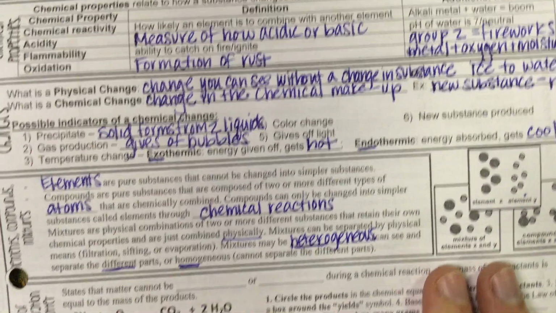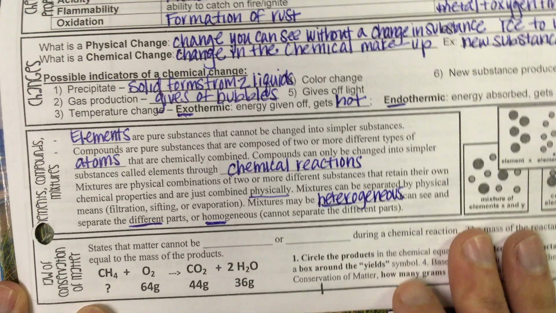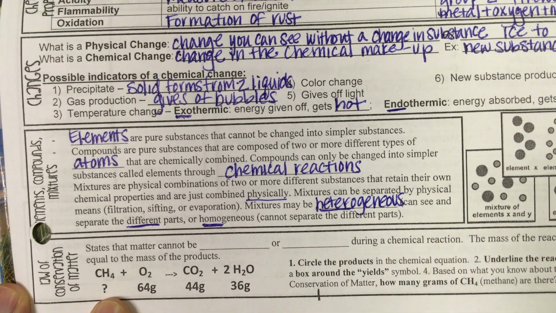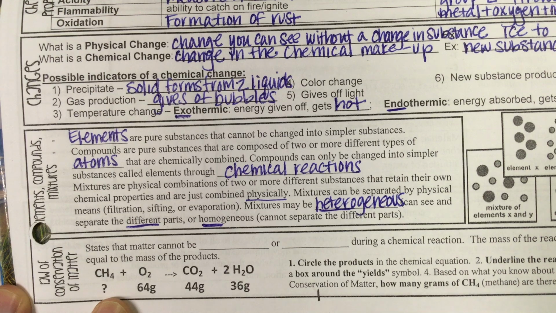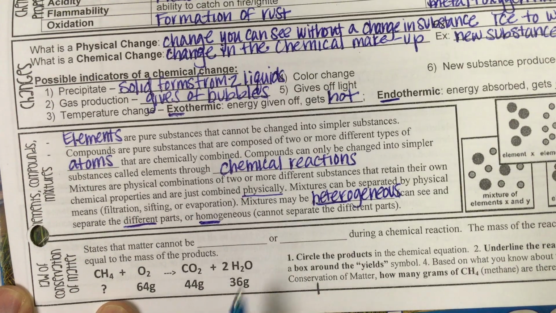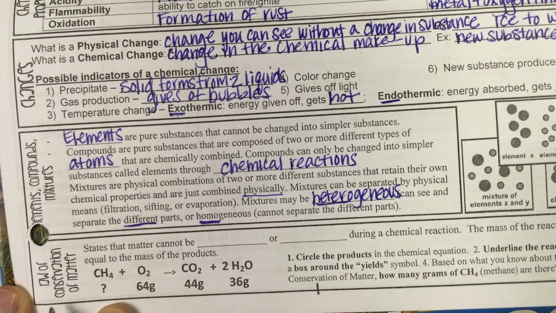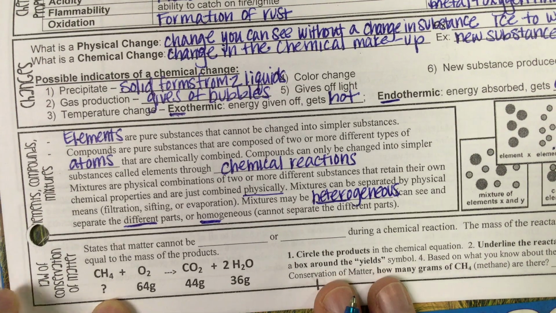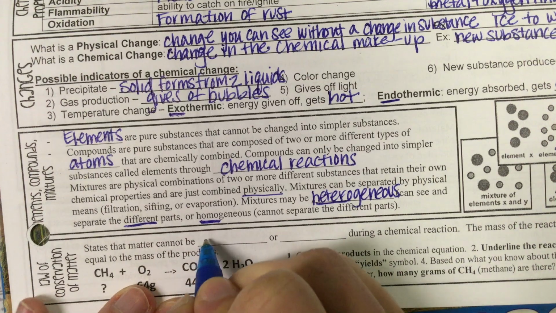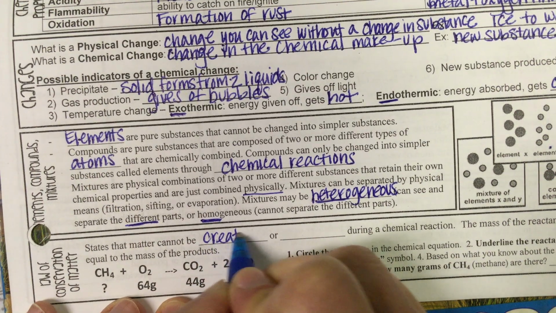All right, and then our last part, we talked about balancing equations. And when you think of balancing equations, you should think of the law of conservation of matter. It states that matter cannot be created or destroyed.